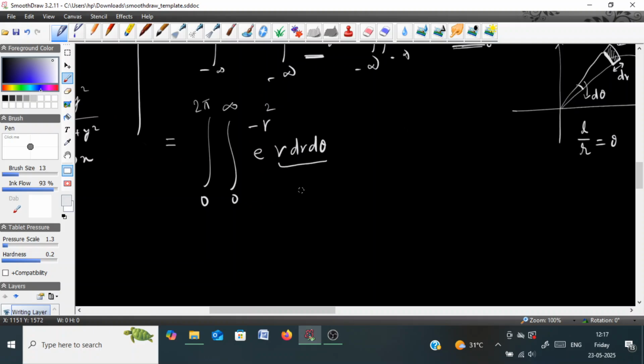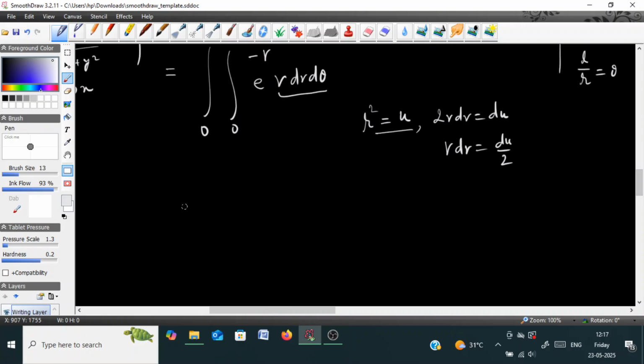Now you can integrate it, and if I integrate this function, I can put this r square as suppose variable u, then definitely your 2r dr will be equal to du by taking the derivative on both sides, or you can say that r dr will become du by 2, and this integral will convert to 0 to 2 pi d theta, 0 to infinity e raised to power minus u, and r dr becomes du over 2.